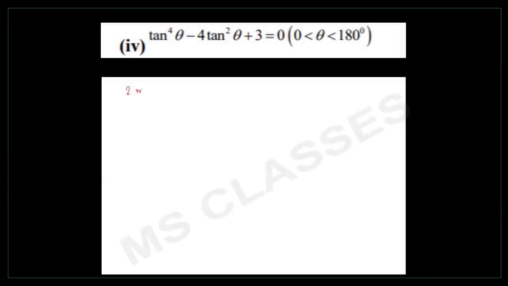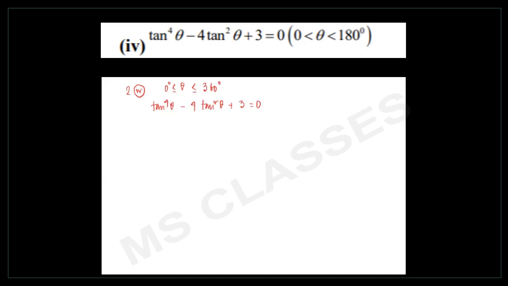Subpart 4. Theta is given greater than or equal to 0, less than or equal to 360. We have to solve for theta. Tan to the power of 4 theta minus 4 tan square theta plus 3 equal to 0.